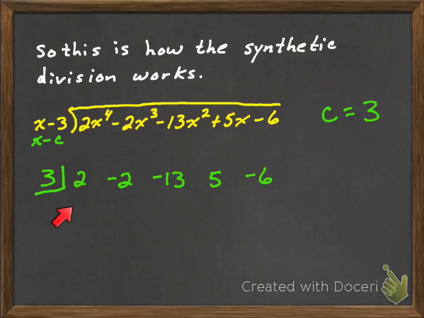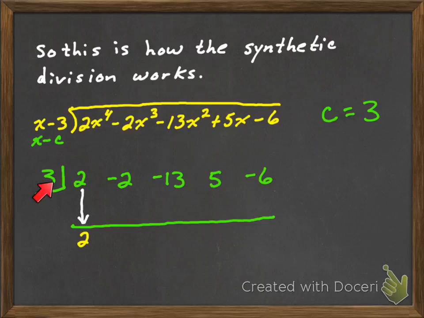All right, we're going to leave a row blank right here because we're going to fill in some numbers here. And we're going to draw a line underneath that blank row. So this is how we start out. You bring down the first number in this problem. So that's going to be a 2. You are going to multiply this number with the number in the box, your c value.